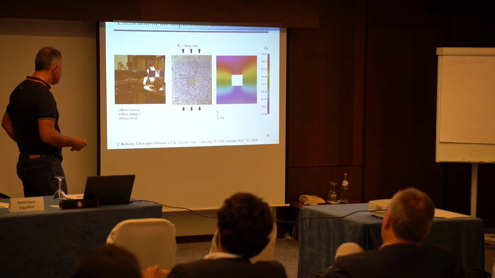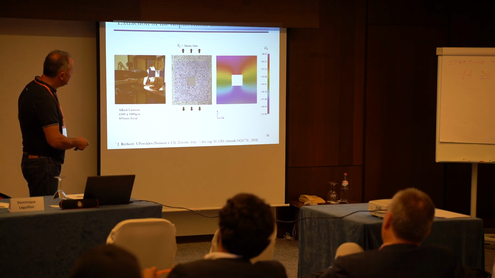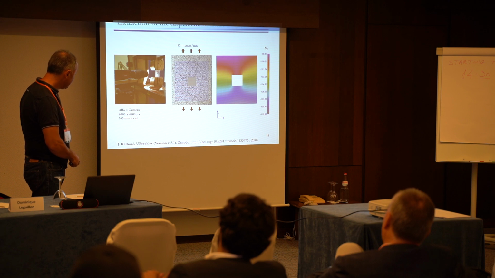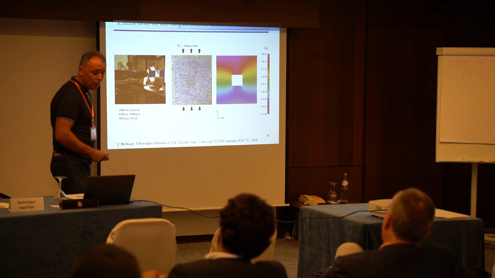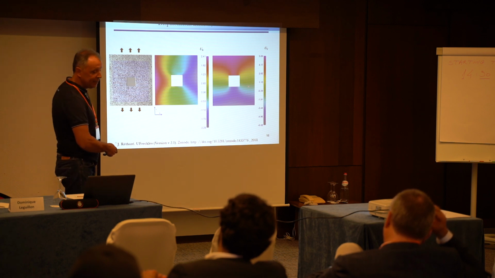Here is the camera, and that is the speckle. The speckle is the same for all the samples. We will see that this has a consequence later on. And using Julien Rétoré's digital image correlation software, we extract the displacement field, UY in this case, and UX and UY in the second case.